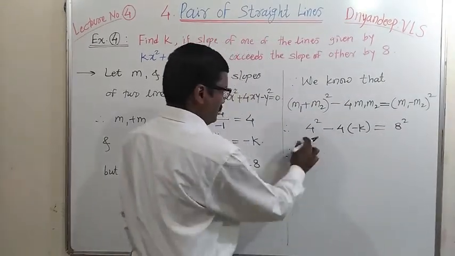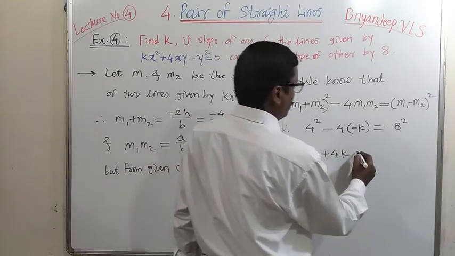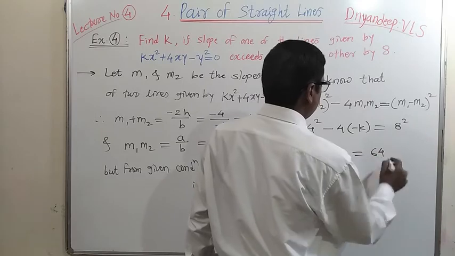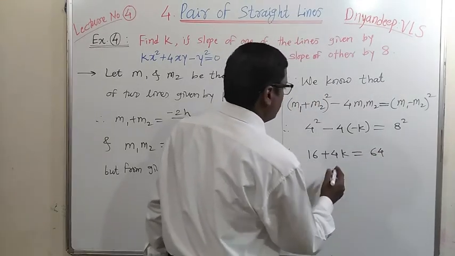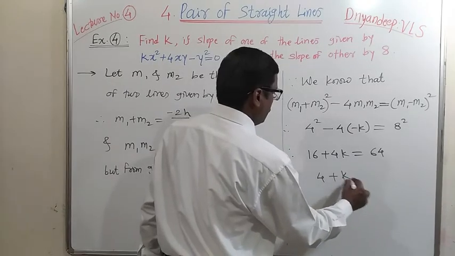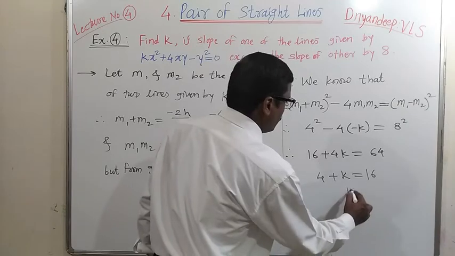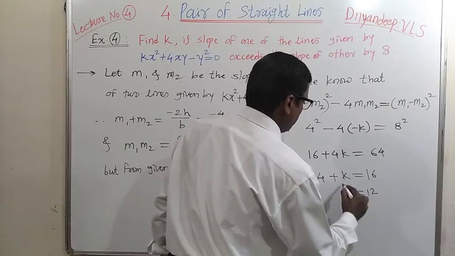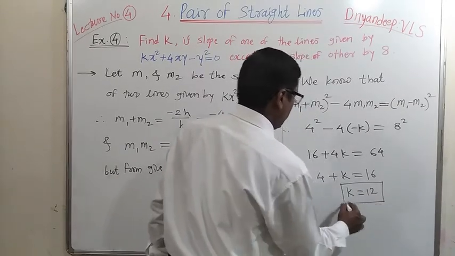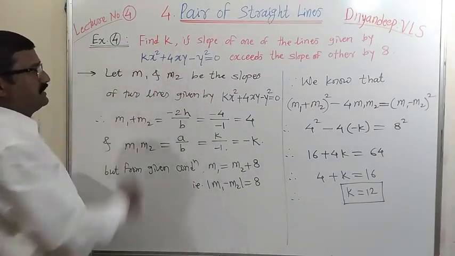Therefore 60 + 4k is equal to 64. Therefore cancel 4 from each, we get 4 + k is equal to 16. Therefore k is equal to 16 − 4, that is equal to 12. So that will be the value of unknown k here.